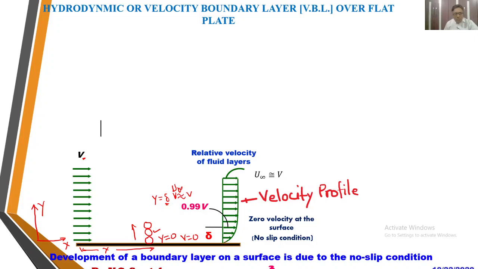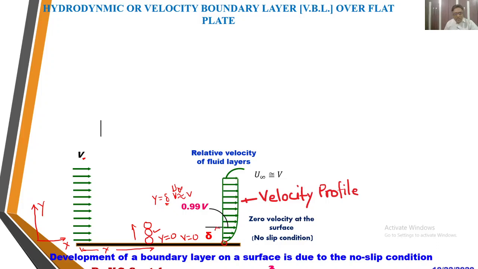So here, as you can see, the velocity of the fluid layer is 0 and it is gradually increasing as we are moving away from the plate surface in the y direction.